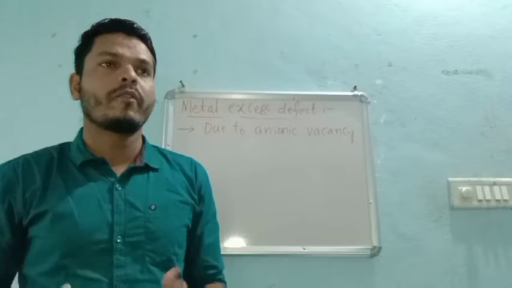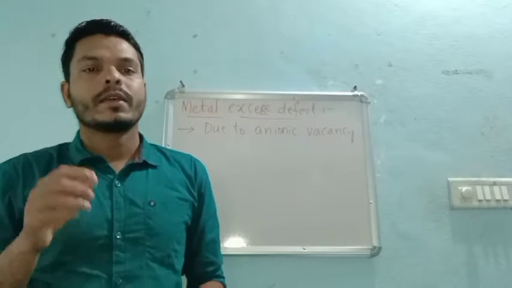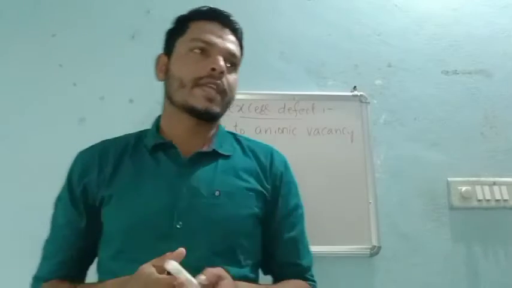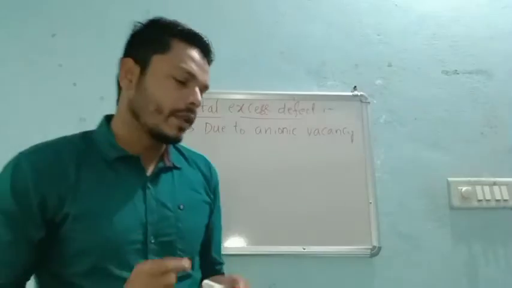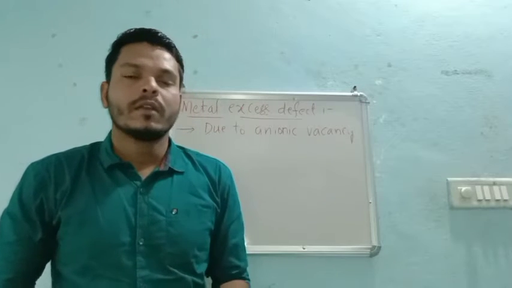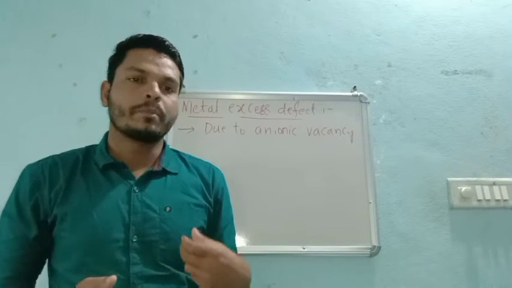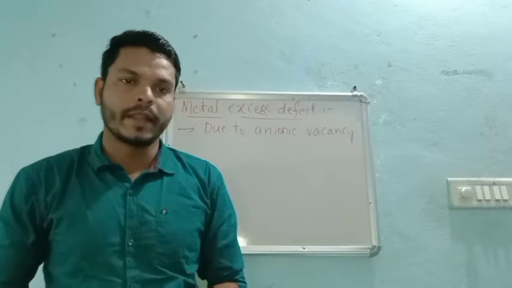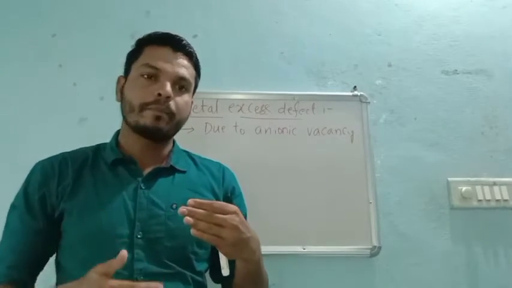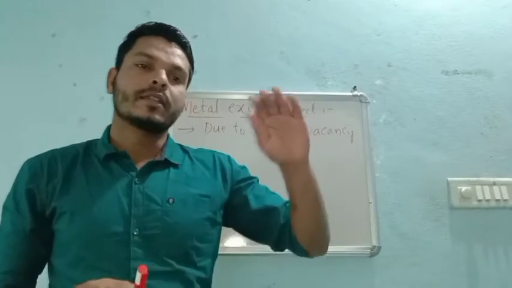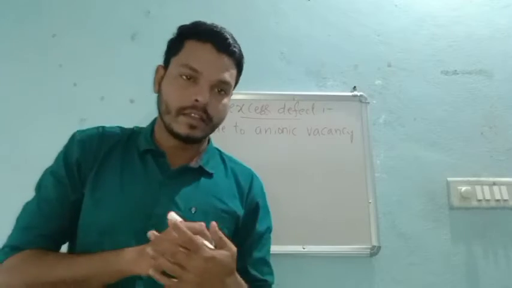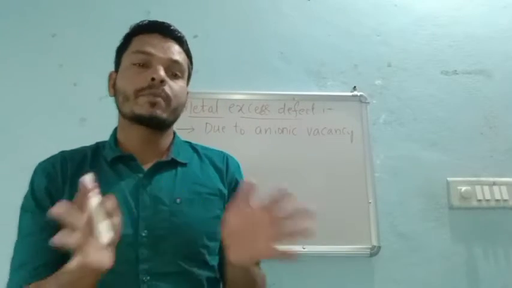Any chemical, if we expose it, will change. Like a new textbook: when it is new the pages are very white and bright, but as time passes the color becomes dim. Why? Because of some chemical changes.